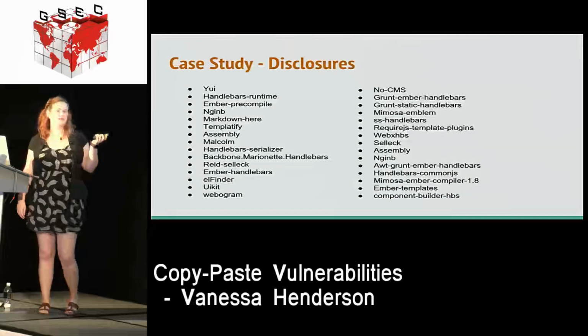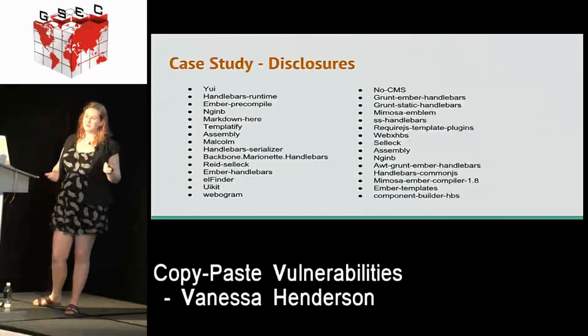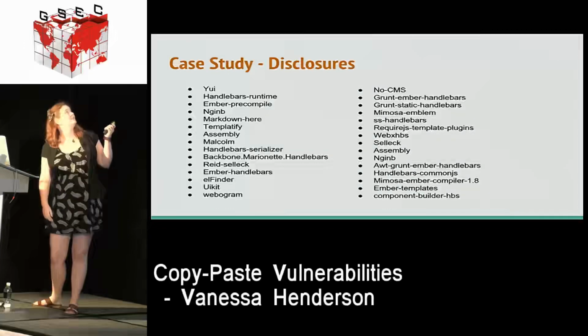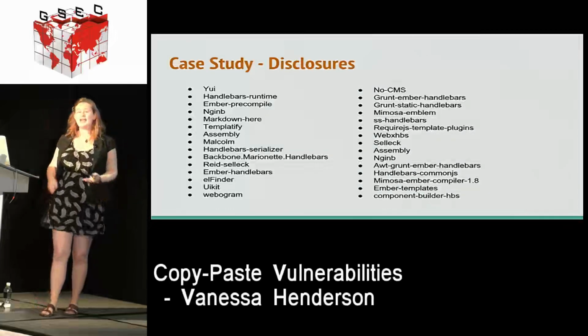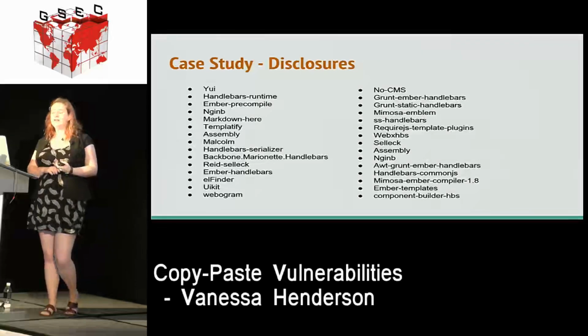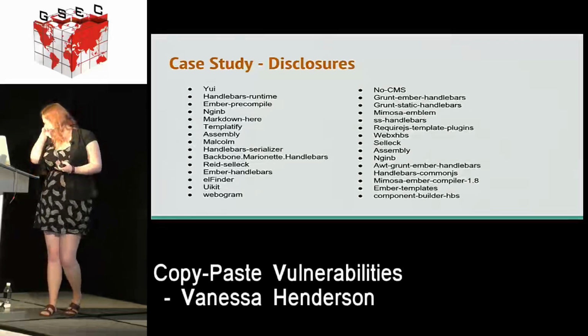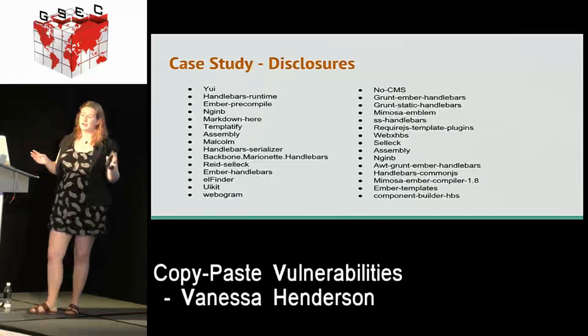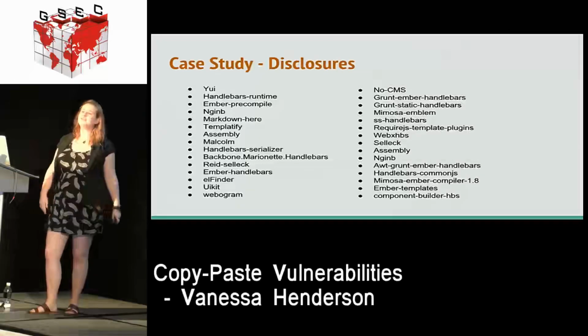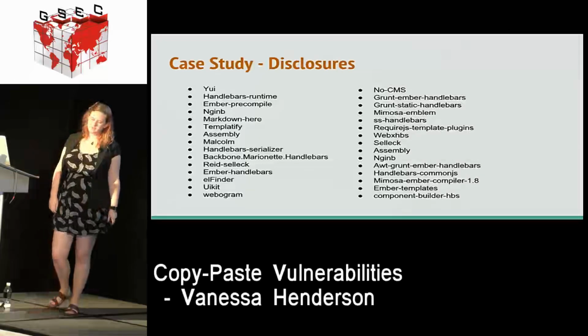Behind me here are some of the ones that we disclosed to. There are some very popular packages that you can probably see in there. UE is one of the main ones that we found that was vulnerable. They actually did respond to our vulnerability disclosure, saying that despite the thousands of users still using their product, they weren't going to fix it because it was deprecated.